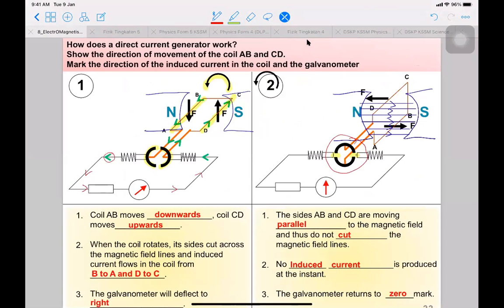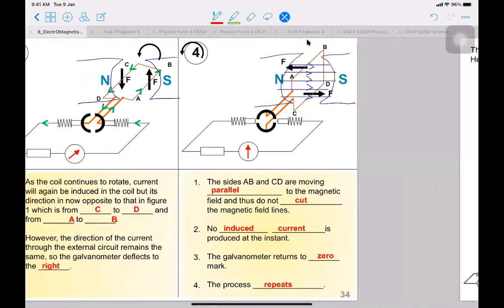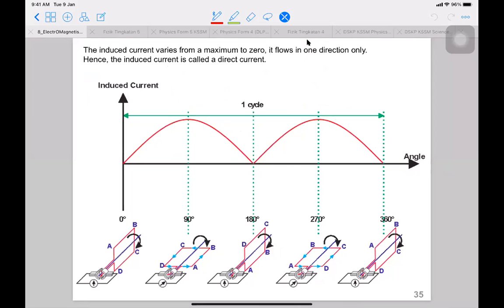Now let's look at the graph produced by the DC generator. Let's see what graph will be produced. This is the graph that is produced by a DC generator, direct current generator. One thing you need to remember here is that for a direct current generator, the current flows in one direction only.